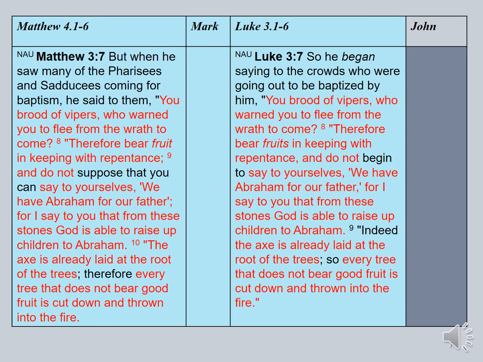But as we ask questions about the differences in our four Gospels, we begin to discover that this is a great benefit. And the benefit is that what we have is interpretation of the stories.